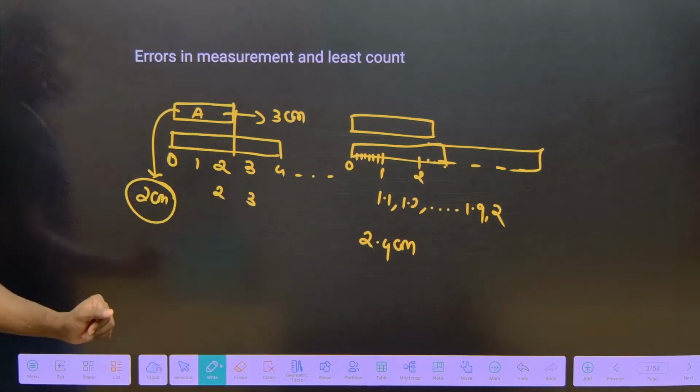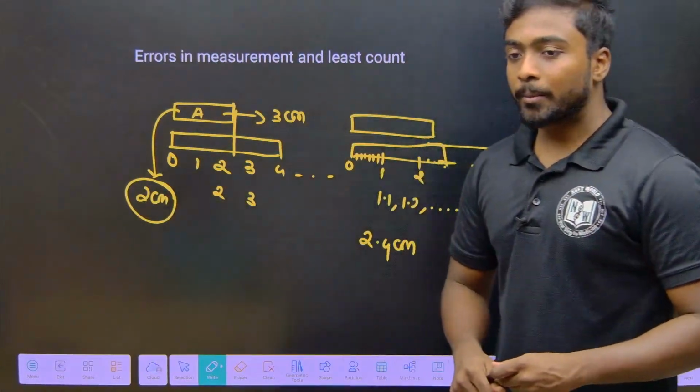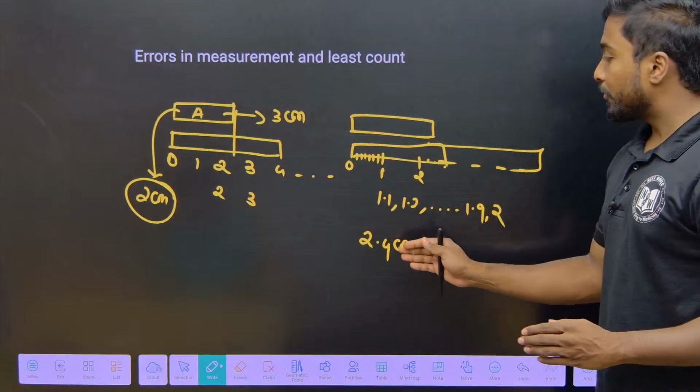What is the major difference we can find here? Here I can say approximately 2 centimeter. Here it is near 2.4 centimeter.